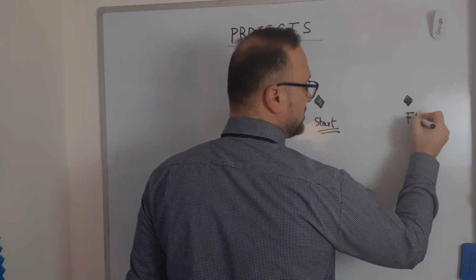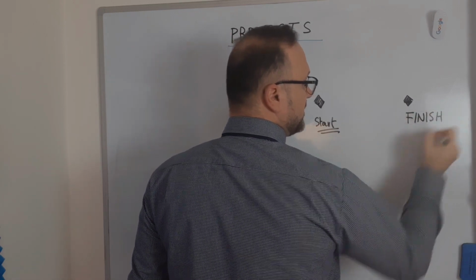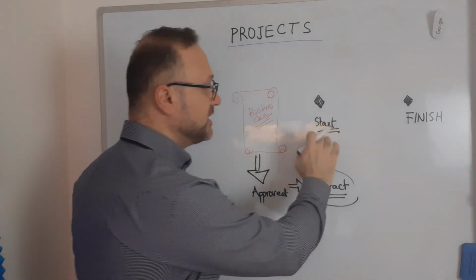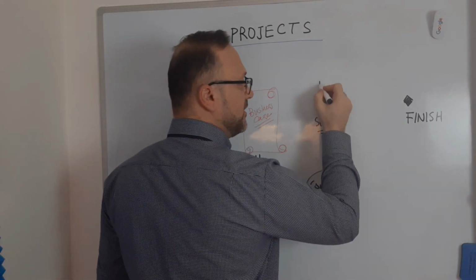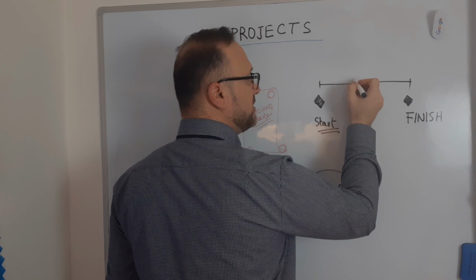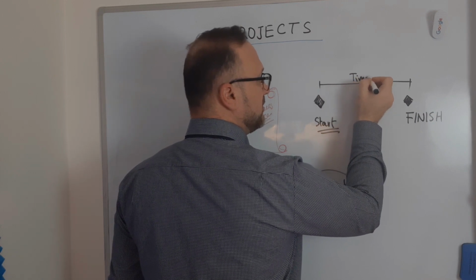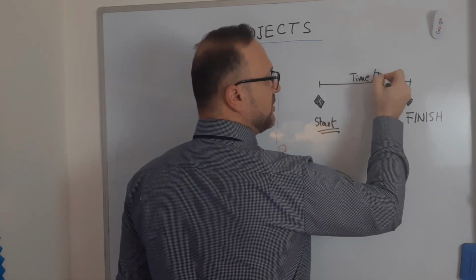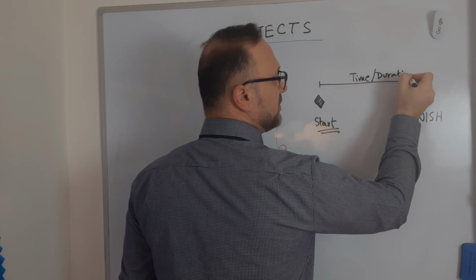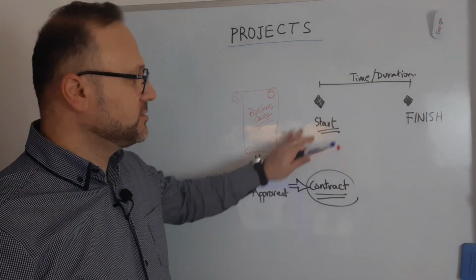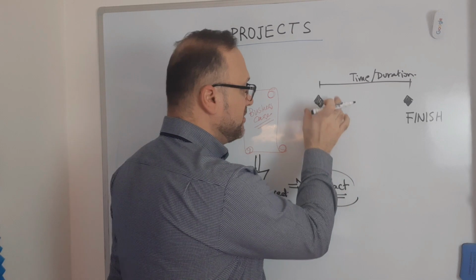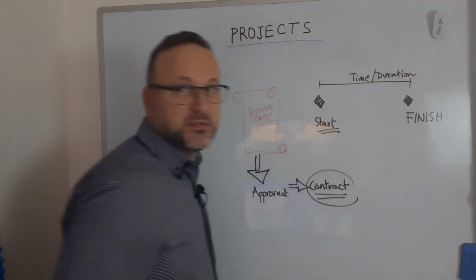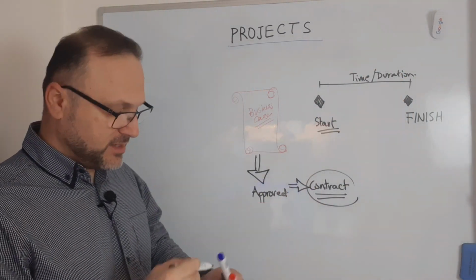So you have the finish date, you have a start and finish. And this time you have the time period, or duration. So the contract defines the start, the finish, and the duration. This is the first thing.